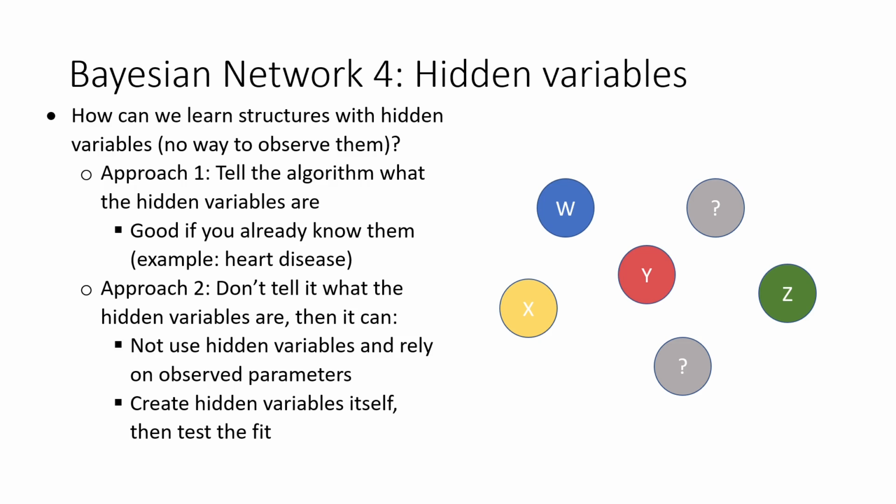Then the second way is to create hidden variables itself and then test the fit with those hidden variables. And that would work similarly to the last example, except that it can also create and delete hidden variables as it's searching. So it just sort of adds an additional thing that the search algorithm can do when it's coming up with possible states for the network.